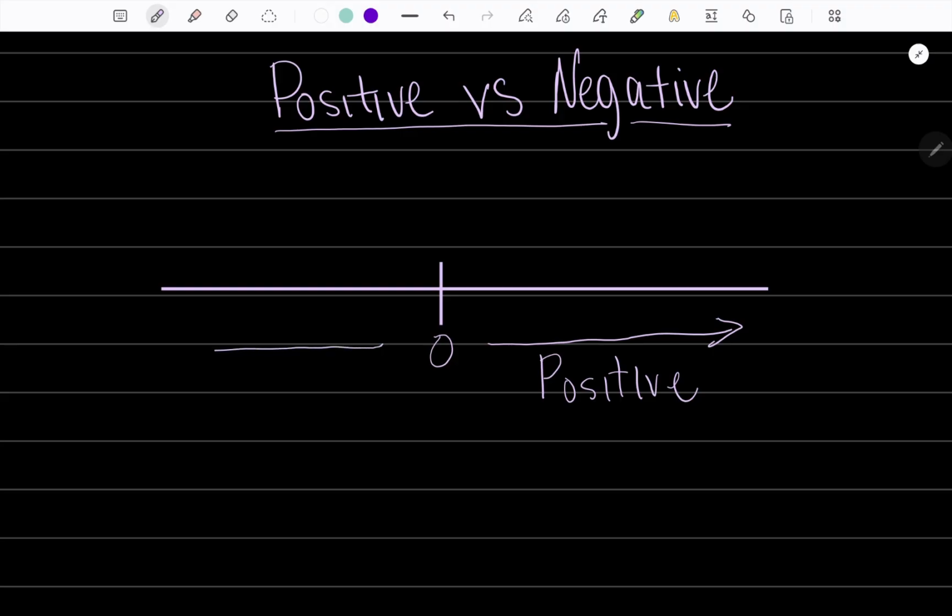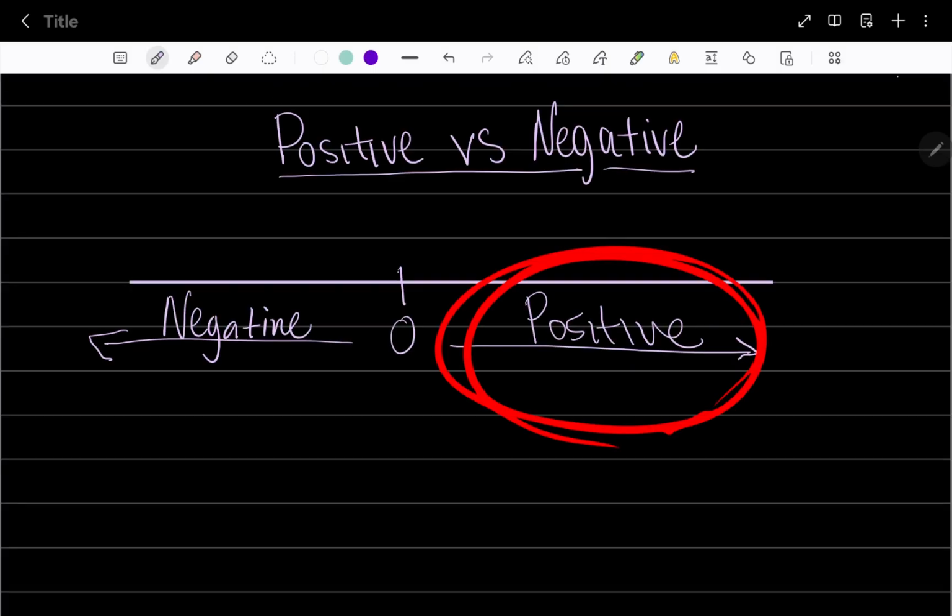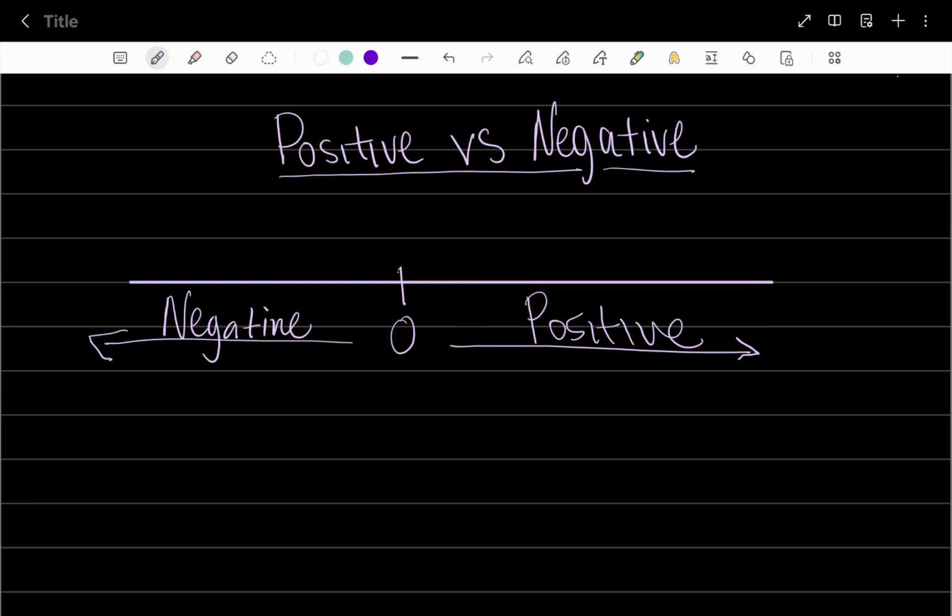Anything to the left of 0 is a negative number. Now, with positive numbers, we know that we are increasing.